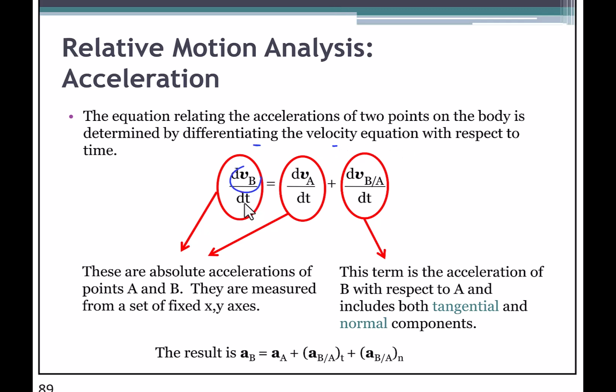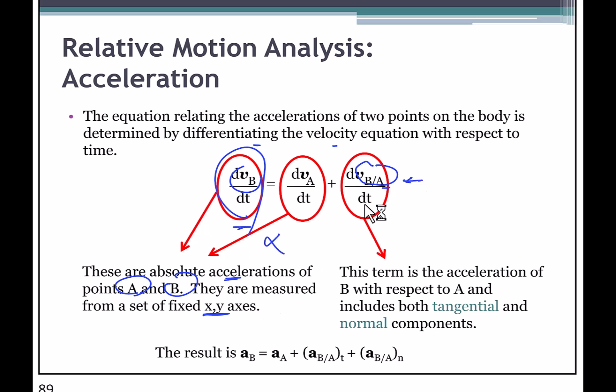So dv/dt, and then dv/dt, dv/dt, where this is the relative velocity of point B relative to point A. So we know this and we'll use some calculus to do this. These are absolute accelerations. dv/dt gives us accelerations. These are absolute accelerations of points A and B, so they are measured from a set of fixed X and Y. It's not relative, no relativity.